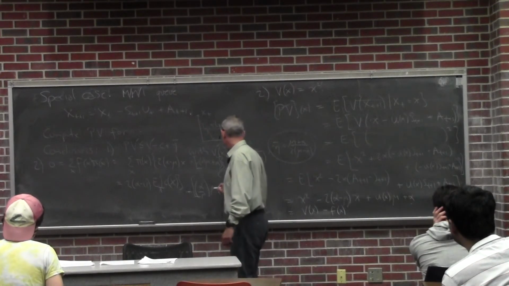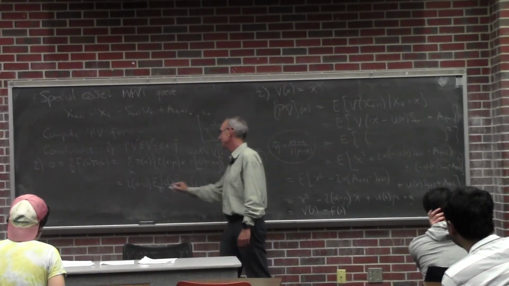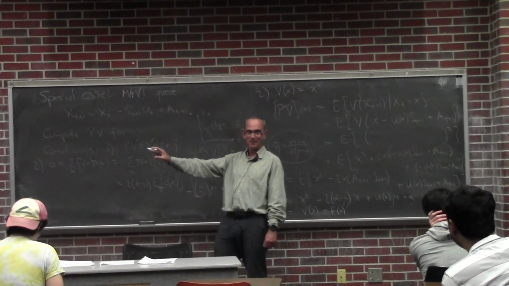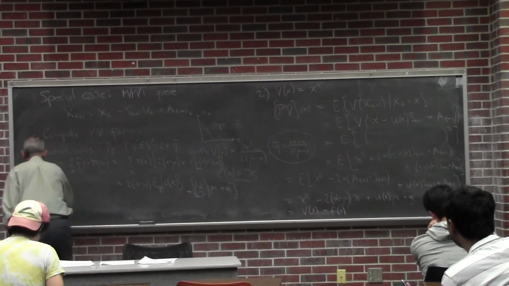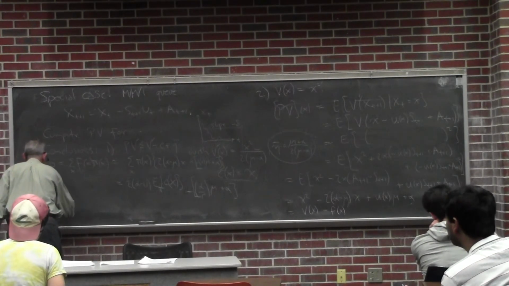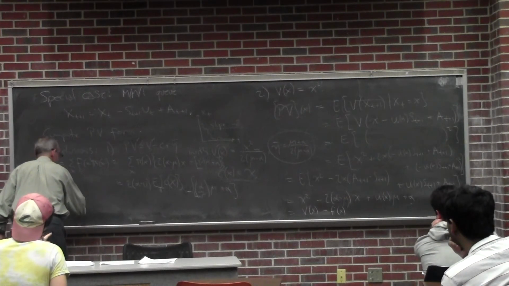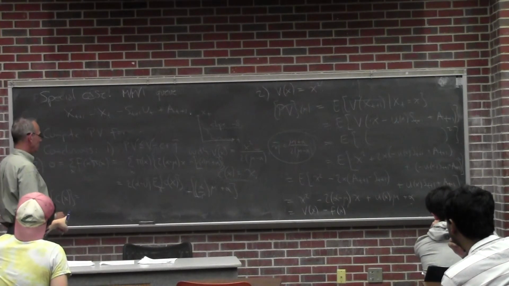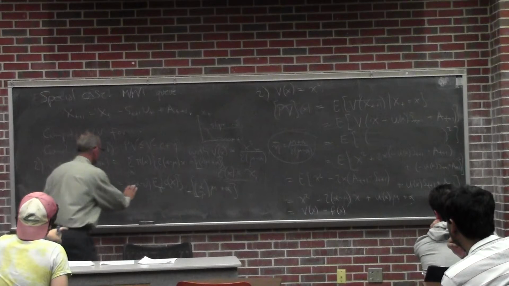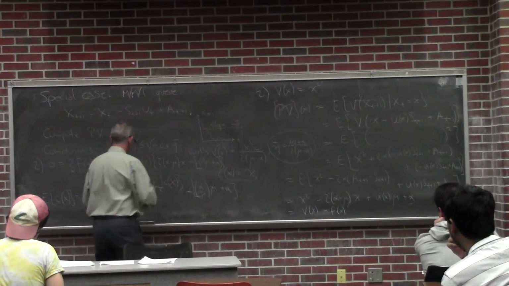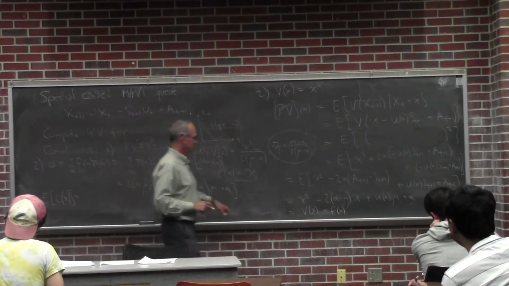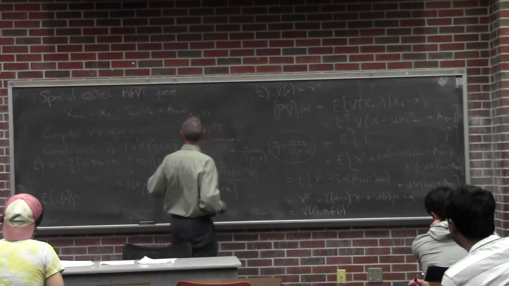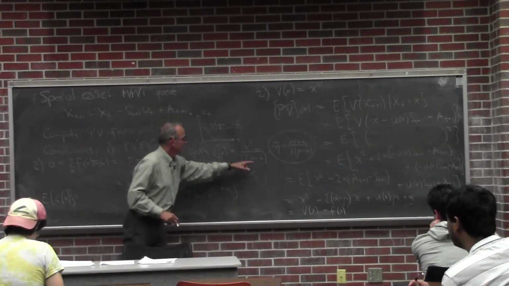So those cancel out. I get a 2 alpha and a 2. The 2's cancel out. That should be mu. Where? Oh, yeah. Thank you. Sorry, everybody. Alpha minus mu. Alpha minus mu. Mu minus alpha.